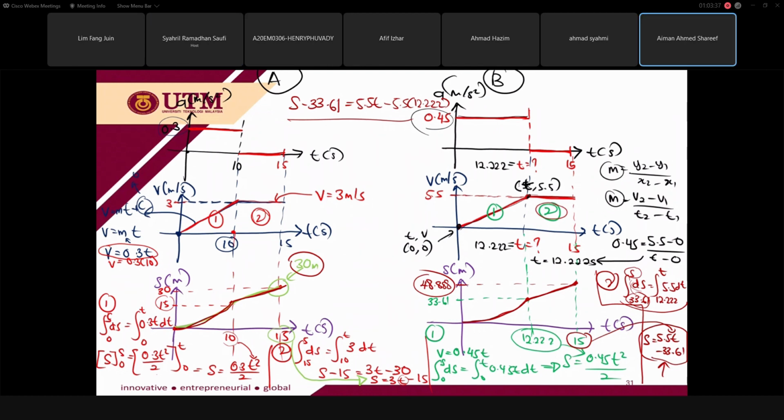You still need to draw the graph, then from the graph you determine the initial and final parameters to use that equation. In order to use that equation, which is the special case for constant acceleration, you need to understand whether this problem is constant acceleration or not. Okay, thank you.